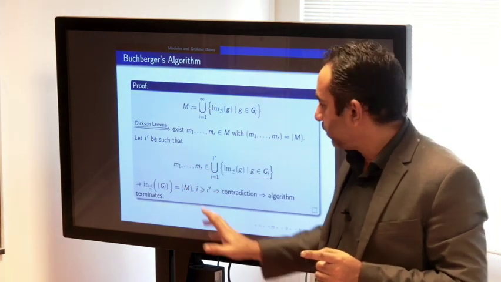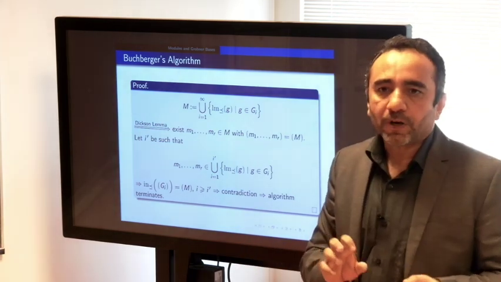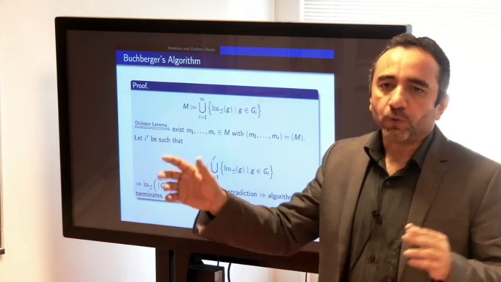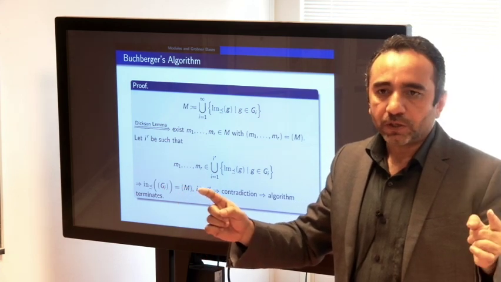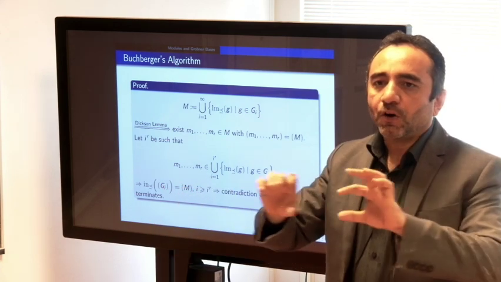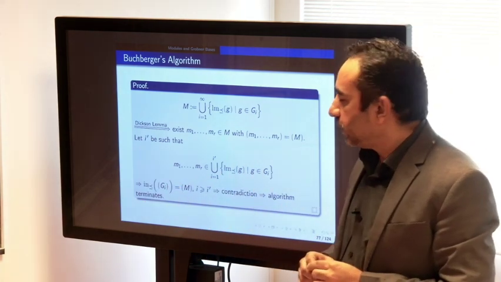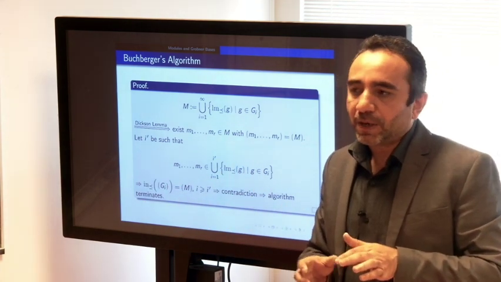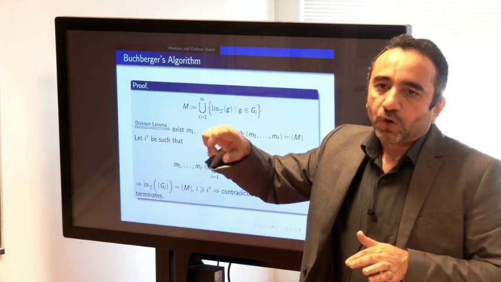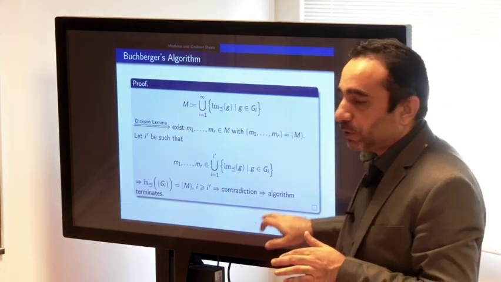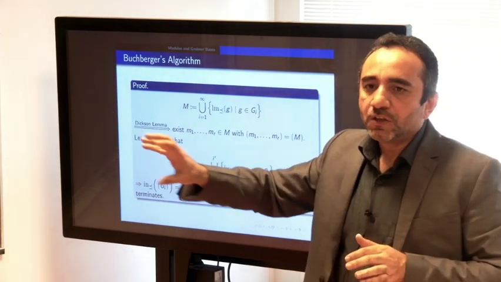There exists some I prime such that M1 up to M are the union of elements from 1 up to I minus 1. All those monomials will be in that limit, and the initial ideal of Gi is Mi, but it also corresponds to all elements coming afterwards. That is a contradiction, because this chain is strictly increasing, so that cannot happen.